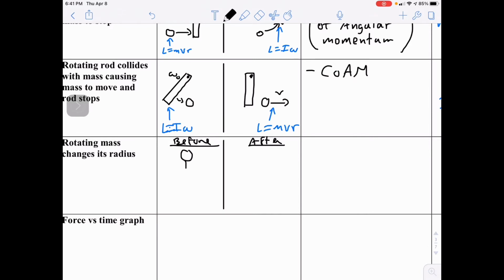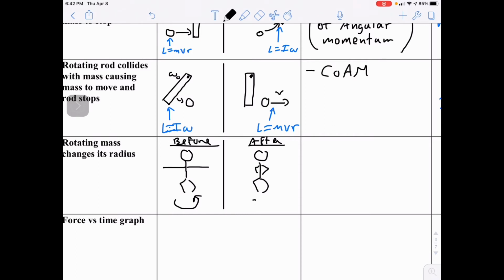So before, let's say we have a person with arms stretched out like that. And they're rotating at a particular rate. Okay, and then afterwards, they bring their arms in central to their body.